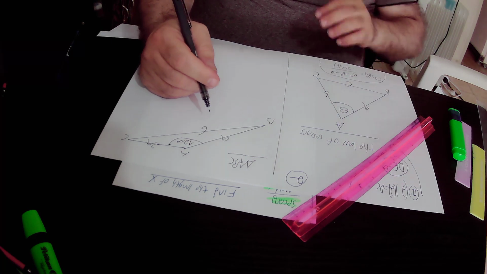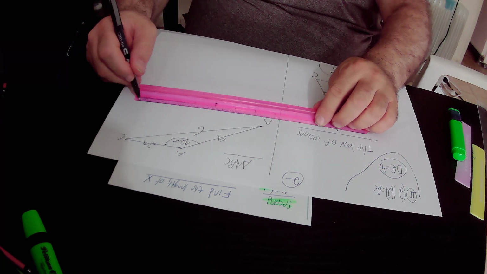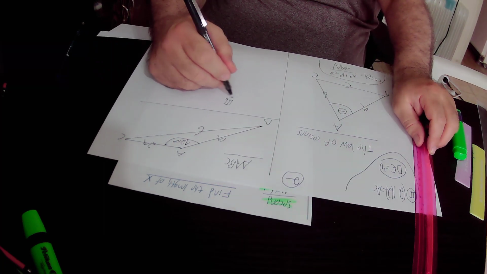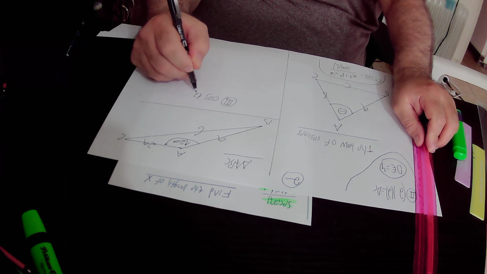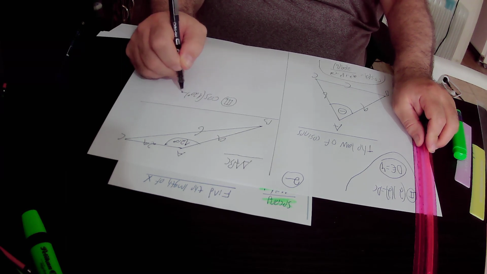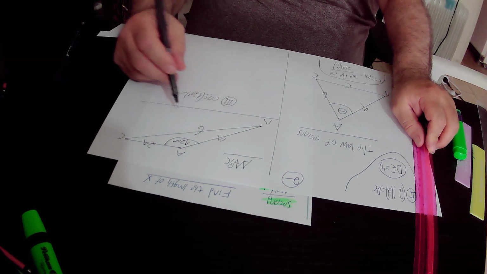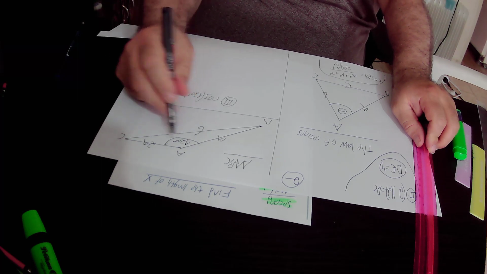So actually, according to the law of cosines, we get that cosine 120 degrees equals AB squared, that is a squared, AB equals a, so it is a squared plus AC squared.